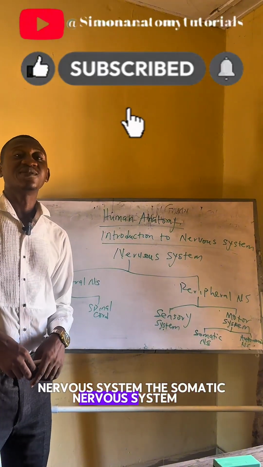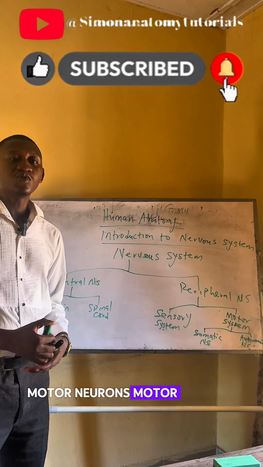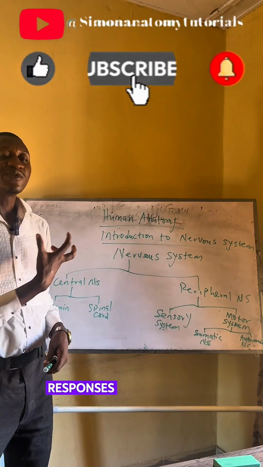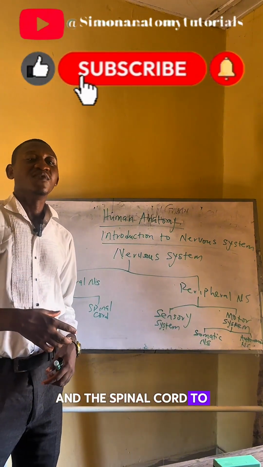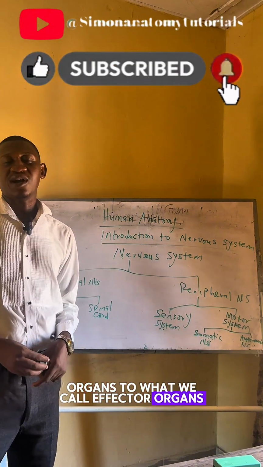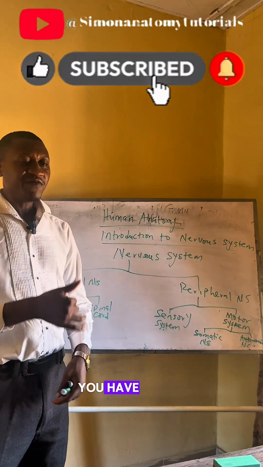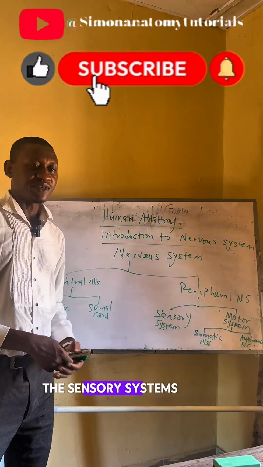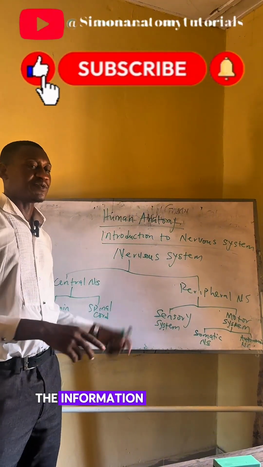The somatic nervous system is made up of motor neurons. These motor neurons carry responses from the brain. They carry information from the brain and the spinal cord to organs, what we call effector organs in the human body. So let's say you have a burn, when you place your hand on a hot object, for instance, the sensory system, which is made of receptors, carries the information to the brain.